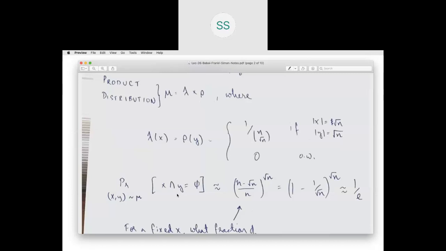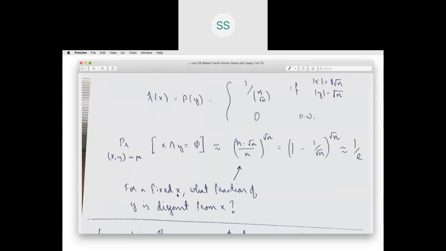Now what is the probability that y is going to be disjoint from that x? One way to think is, y could pick any vector that has exactly square root n ones. So what is the number of vectors that have exactly square root n ones? And out of all those vectors, what is the fraction of vectors that are disjoint from x?